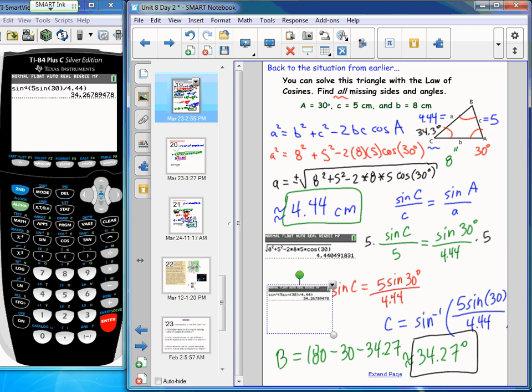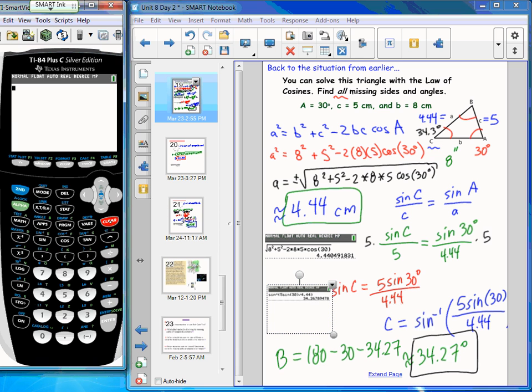Numbers are hard, but our calculator makes it easy. 180 minus 30 minus 34.27. Looks like angle B is about 115.73 degrees.